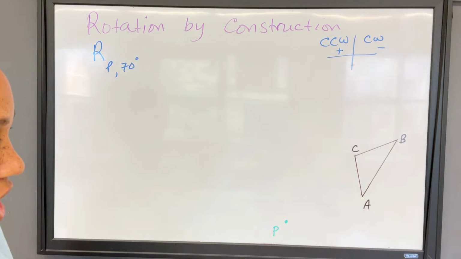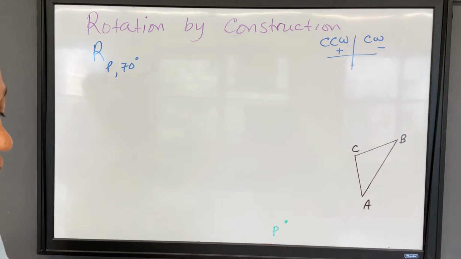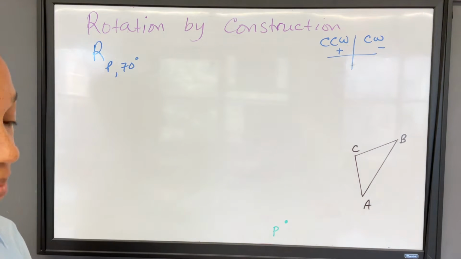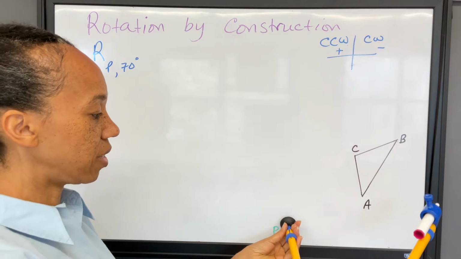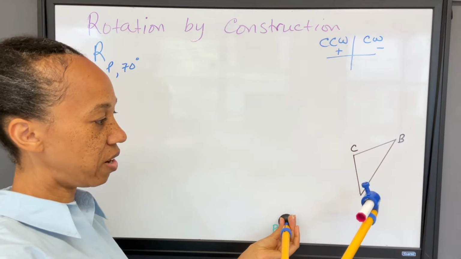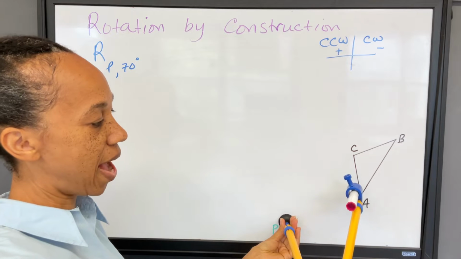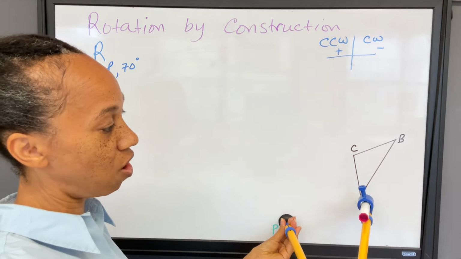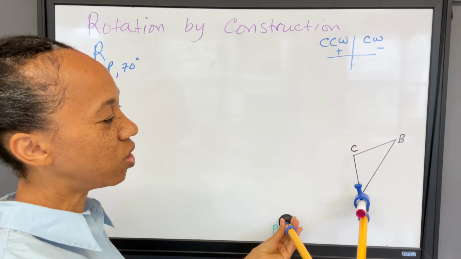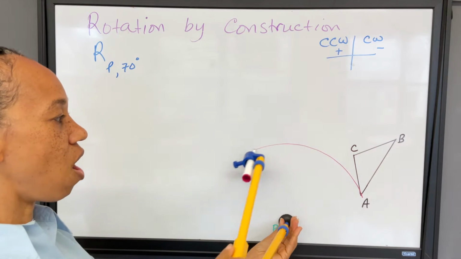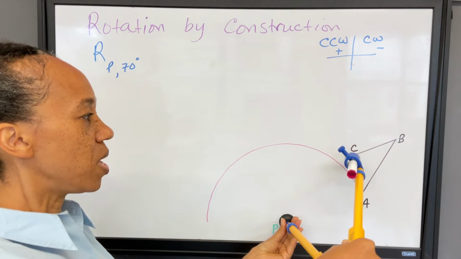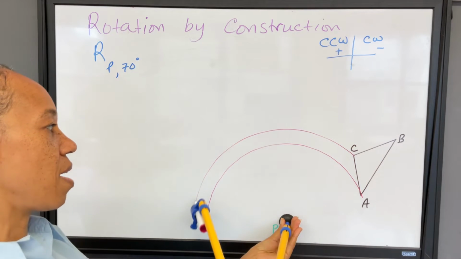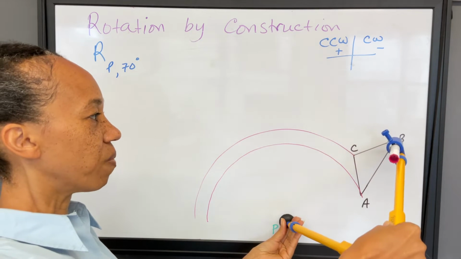So to start off, because I'm going to go 70 degrees, I'm going to place my pointer at the point that I'm going to rotate from, and from each of the vertices of this triangle ABC, I am going to swing an arc.